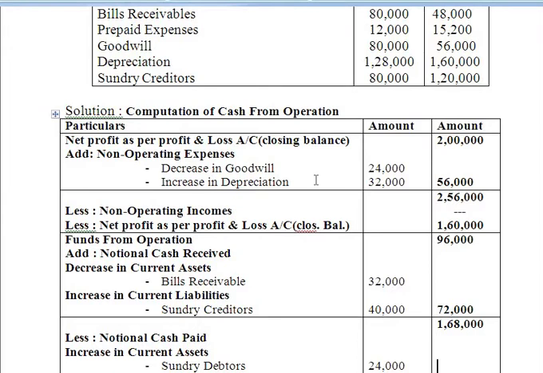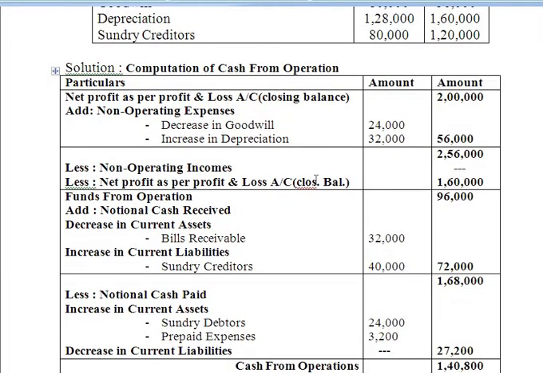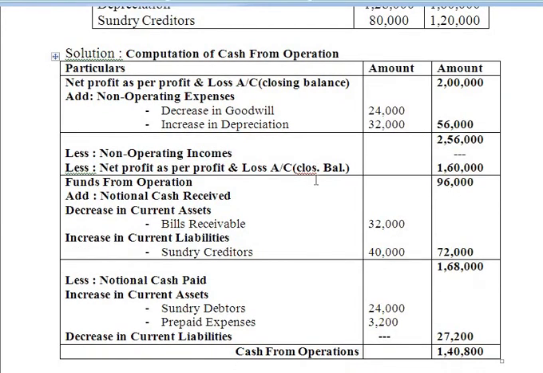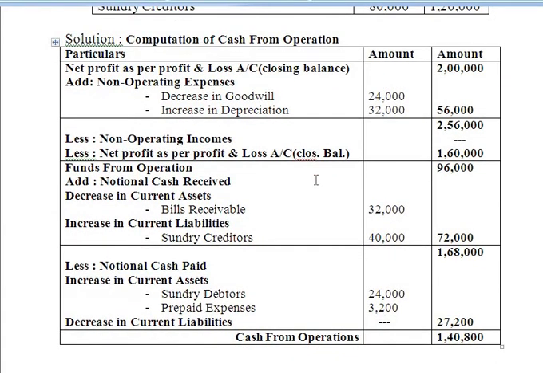From the total we have to deduct notional cash paid. In notional cash paid, increase in current assets and decrease in current liabilities will come. After deducting notional cash paid, the balance that remains is called cash from operations.